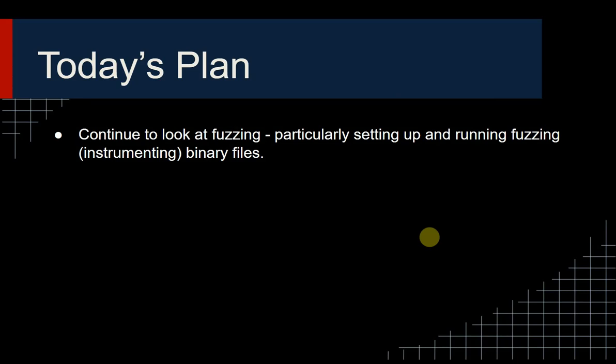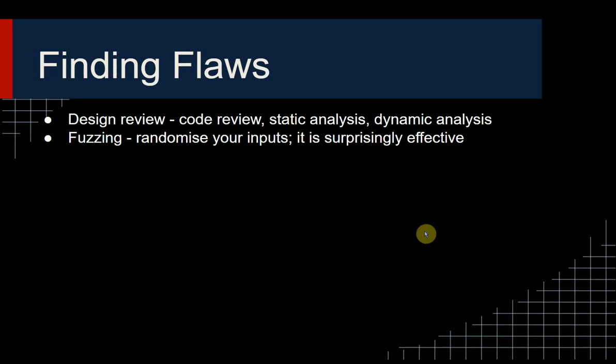So one of the things that you're already familiar with in finding flaws, what you're pretty much already doing, is looking at the code, looking at the functionality of the code, so doing a design review, reviewing the code itself, a code review, performing some form of static analysis, and performing some form of dynamic analysis at runtime.